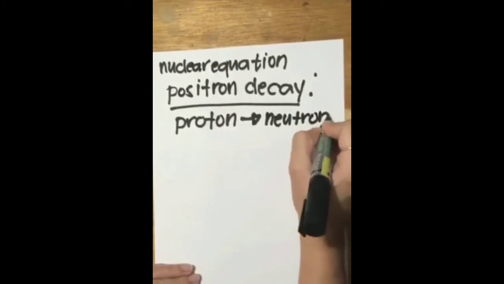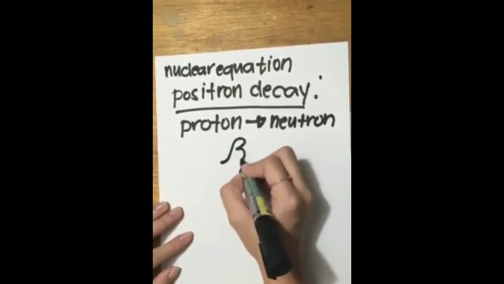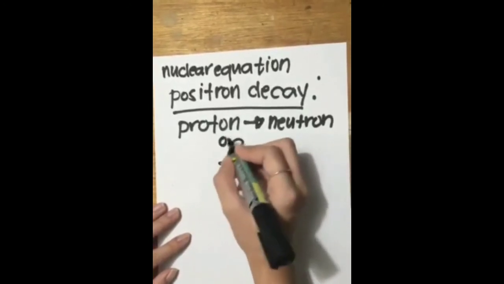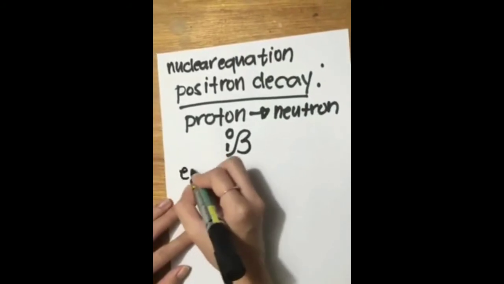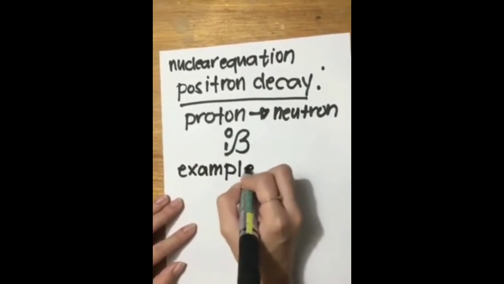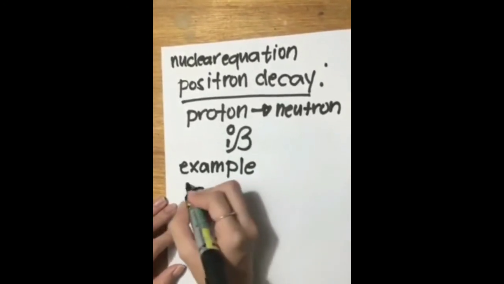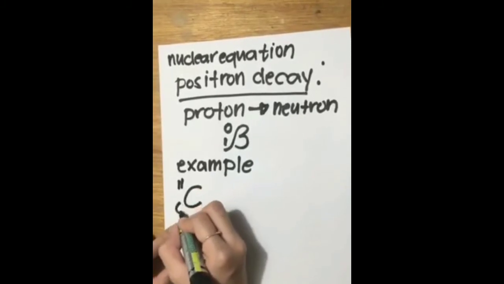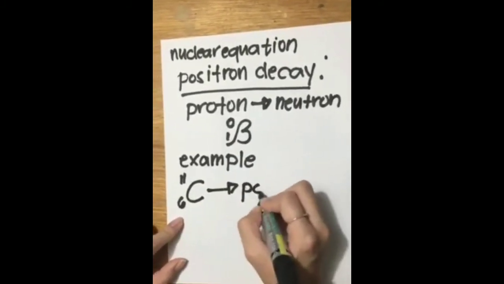And positron decay is generally known as beta with 0 atomic mass and 1 atomic number. For an example, carbon 11 with atomic number of 6 will undergo positron decay.